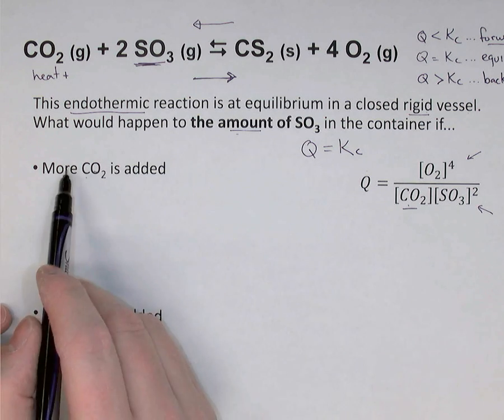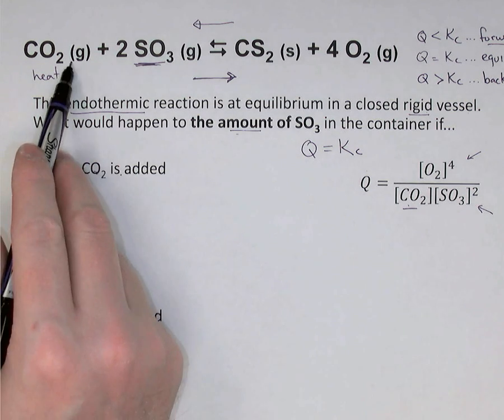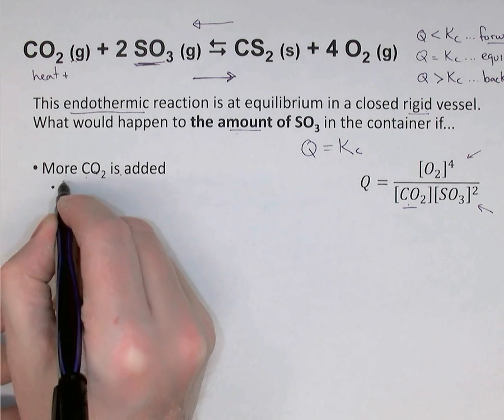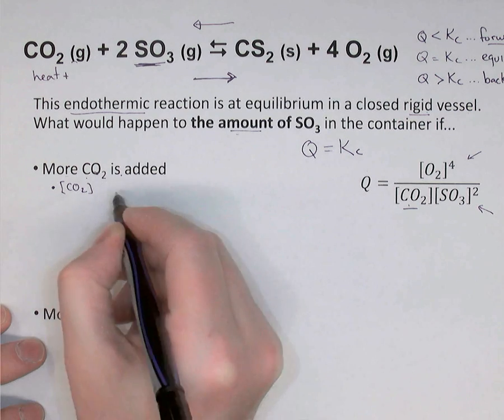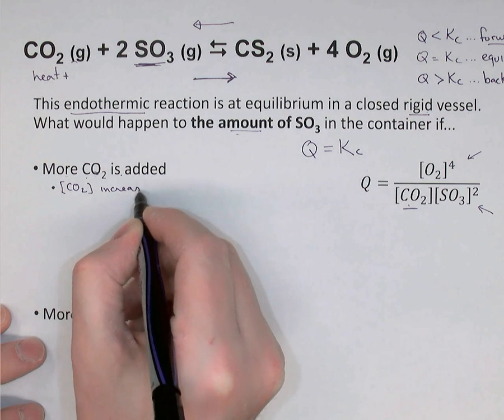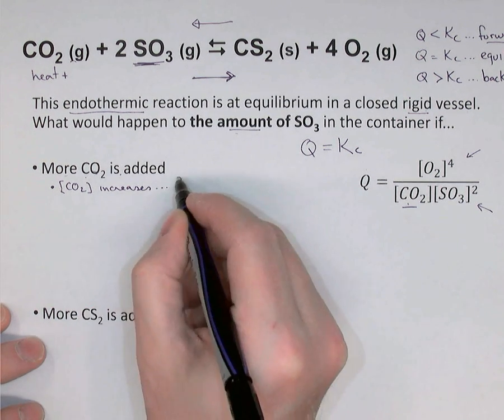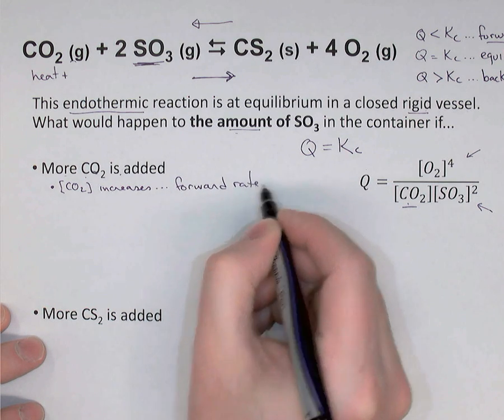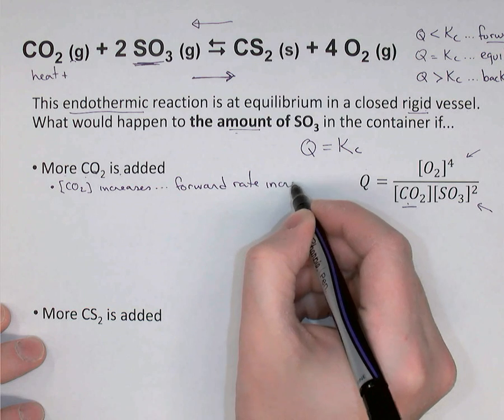You'd say, if you add CO2, now CO2 is a gas, and it's a reactant in the forward reaction. So we'd say concentration of CO2 increases, which causes the forward rate to increase as well.